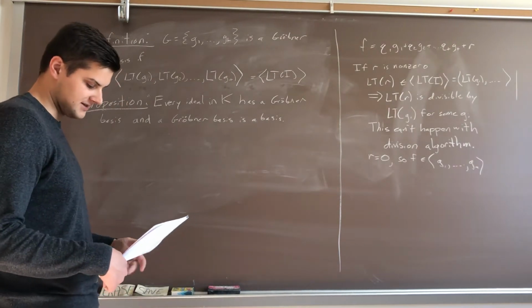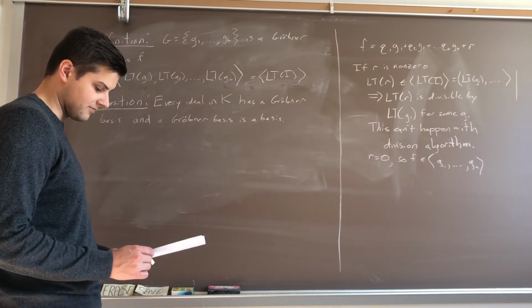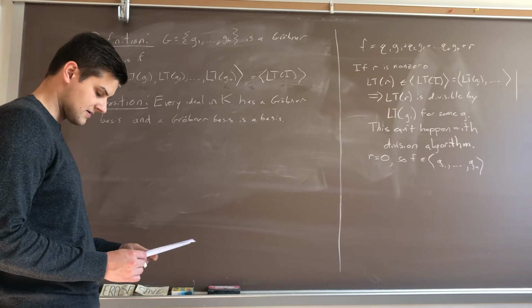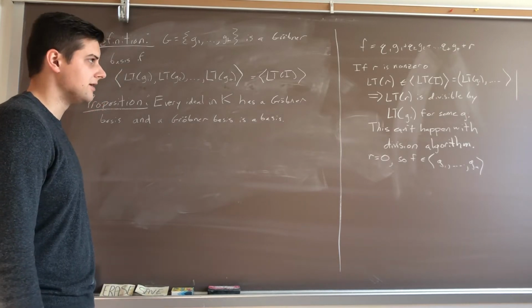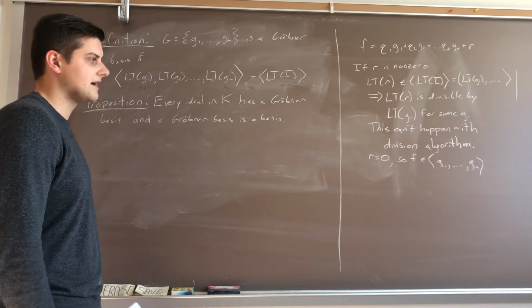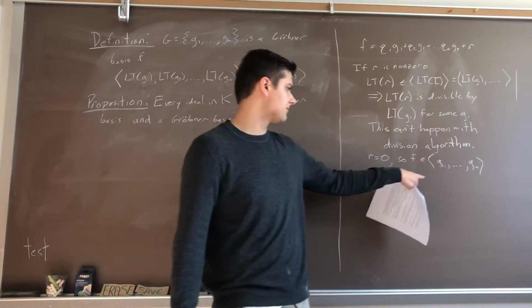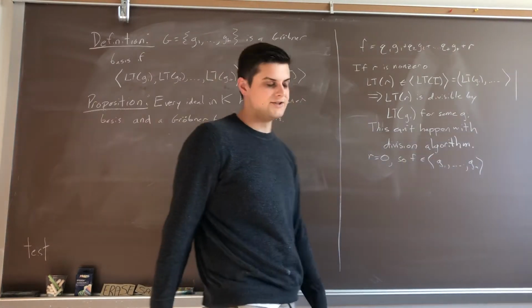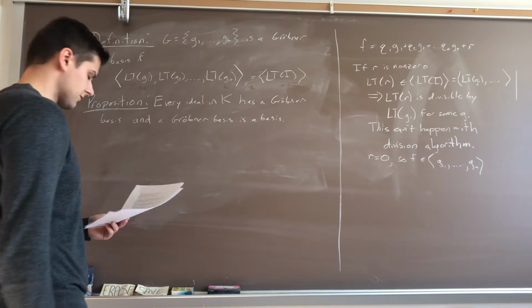So that gives us existence. And then the fact that they are a basis is just the second part of the proof, where we showed that I is equal to the ideal generated by each of the g_i. So that follows pretty directly from our proof of Hilbert's basis theorem.